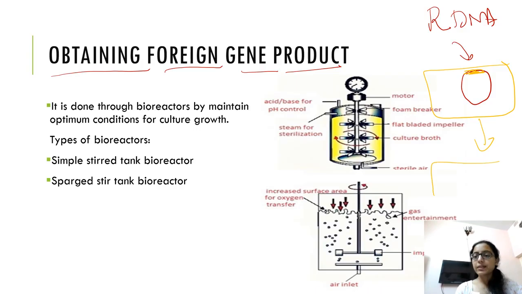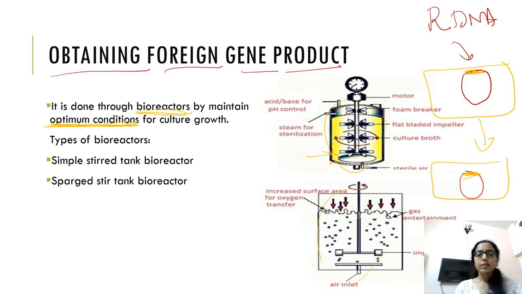Now, how to multiply these cells in number if we want millions of copies? It is done by using bioreactors. Bioreactors are used to maintain optimal conditions like pH, temperature, and the required food media.